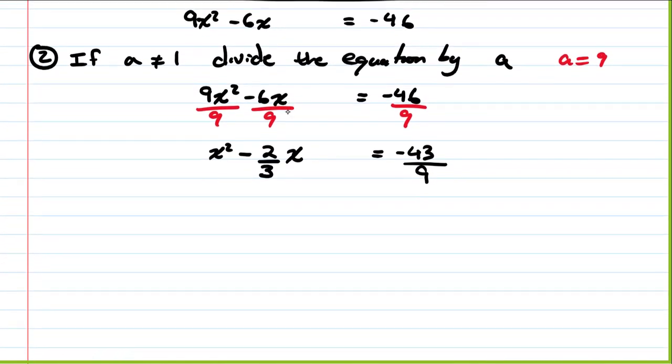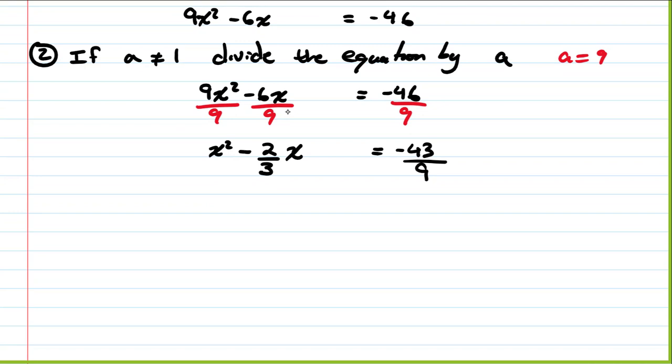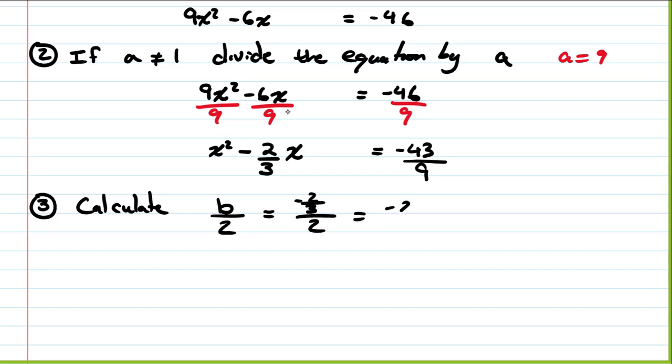Now, in our problem, we identify our b as negative 2/3, so what we're going to do is calculate b divided by 2. For us, that's negative 2/3 over 2, and if we write 2 as a fraction, it's 2 over 1, so then we would multiply by the reciprocal, and we get negative 1/3.